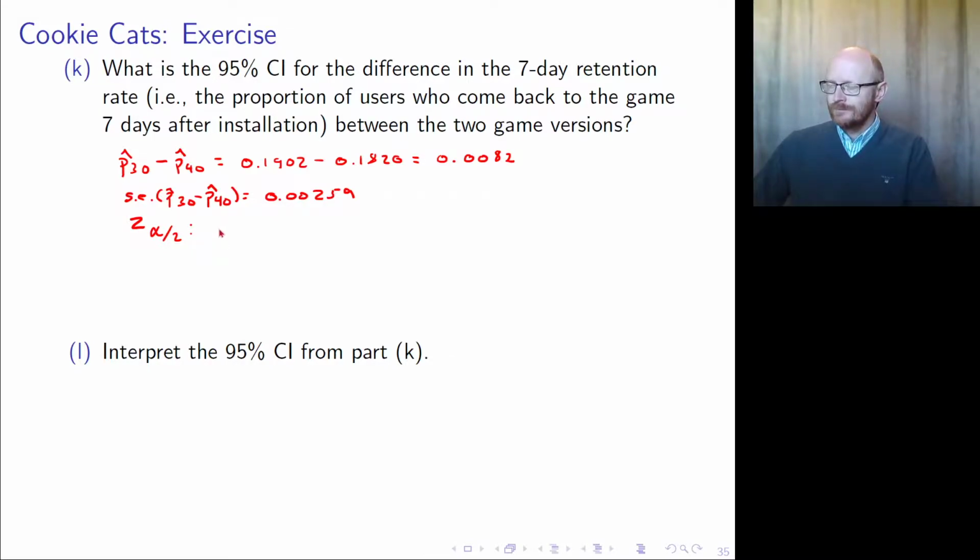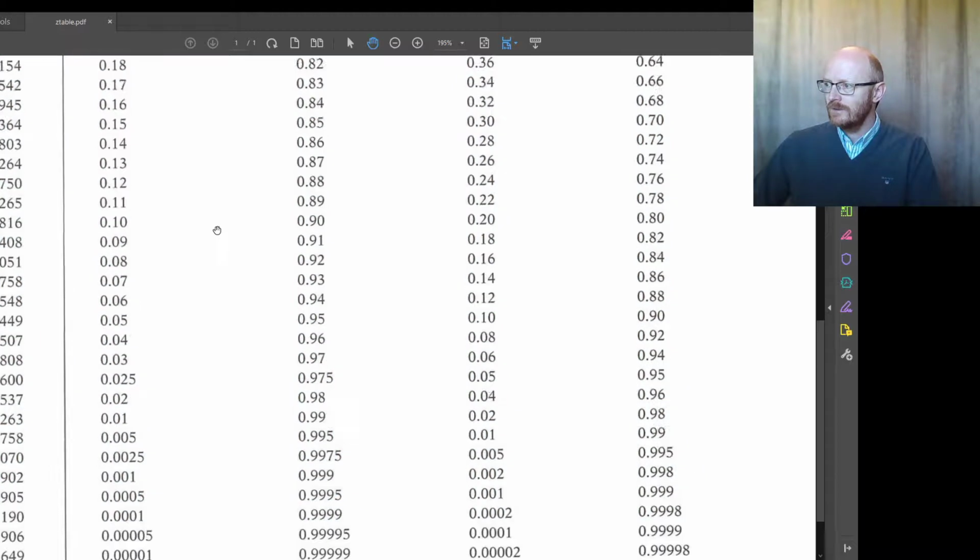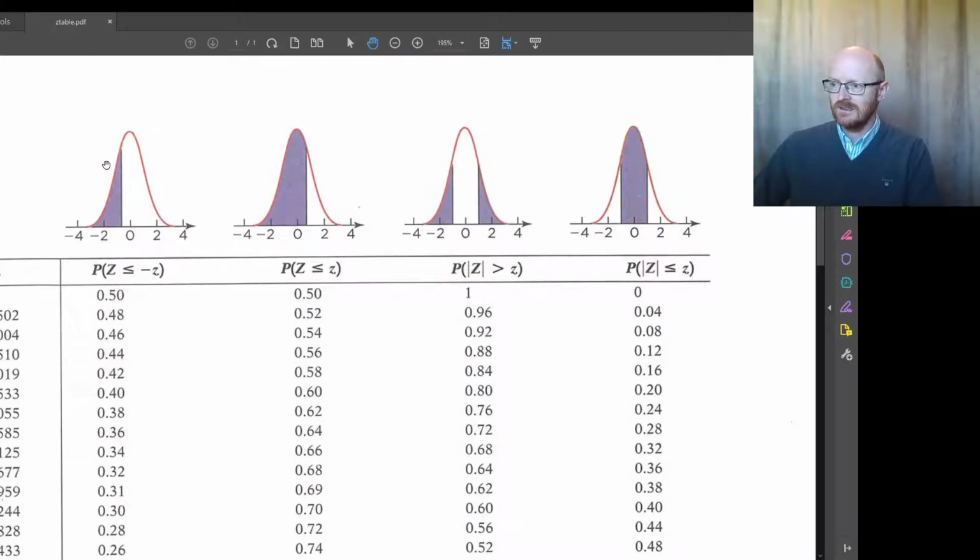So, for example, for the z value, we just go to the z table, and if we want the 95% confidence interval, if we want 95% area under the curve, how far away do we have to go from 0 as measured in standard errors?